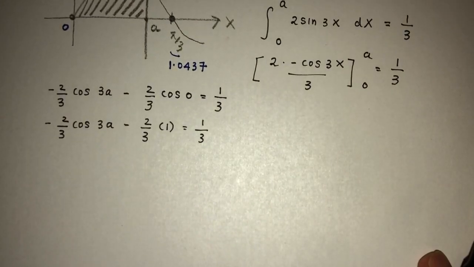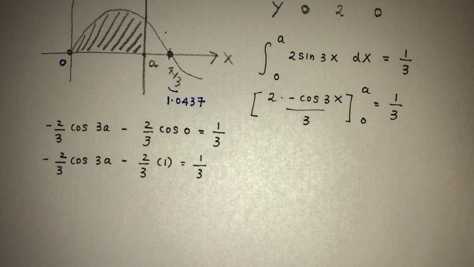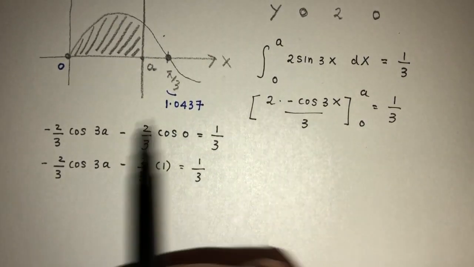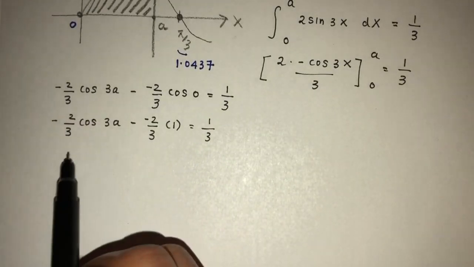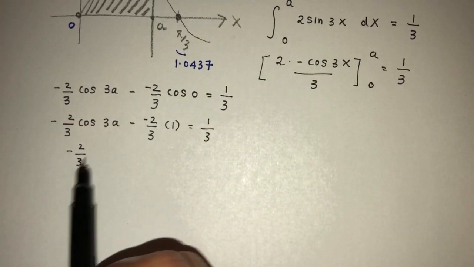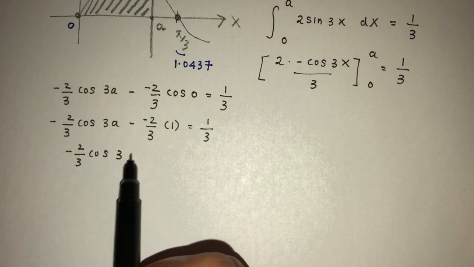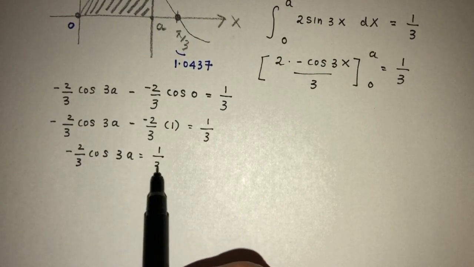I think I missed something here. It is minus, so I forgot the minus sign. Minus, minus, so that will be minus 2 over 3 cos 3a, plus 2 over 3, equal to 1 over 3.